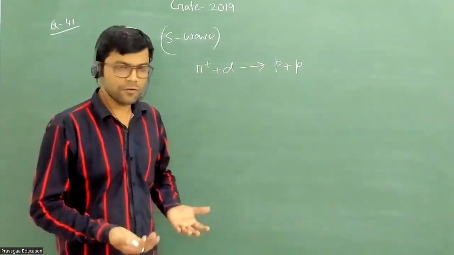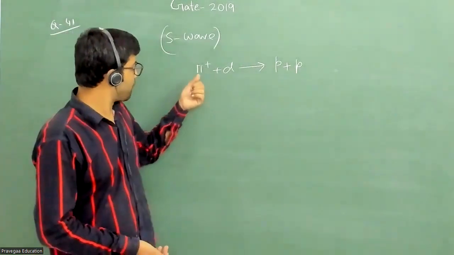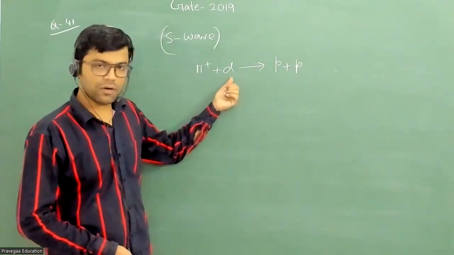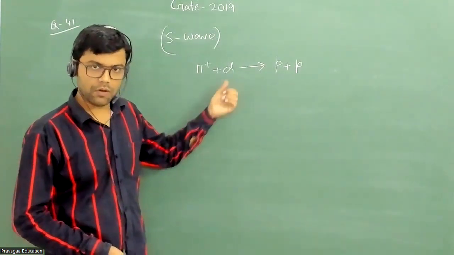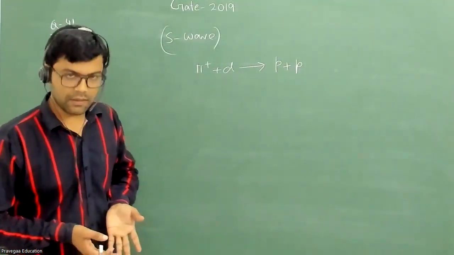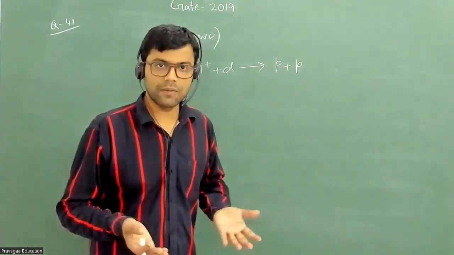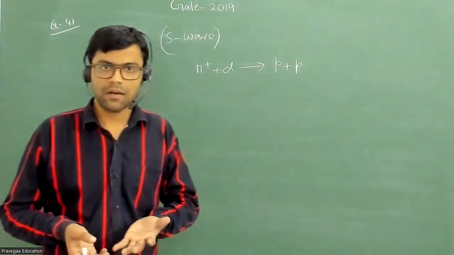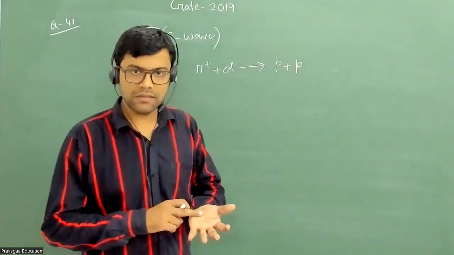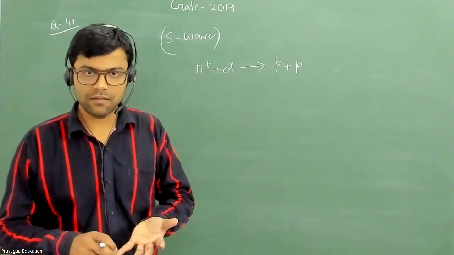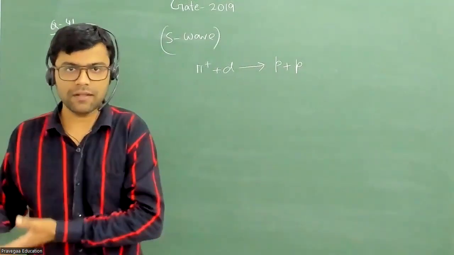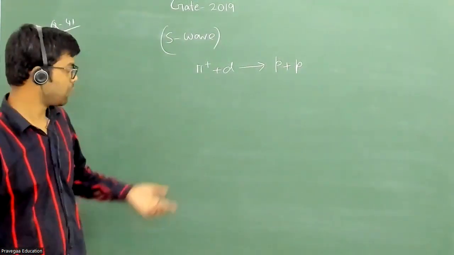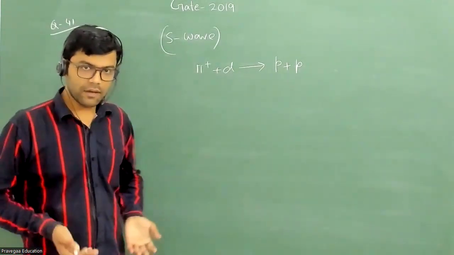Now if you check the isospin, the pi plus has isospin 1, but deuteron has isospin 0. Because if you consider the concept of isospin, you group particles or hadrons having the same mass, same spin, and same strangeness, and if you define isospin, you will get isospin 0 for deuteron. Okay, that we used to teach in class.